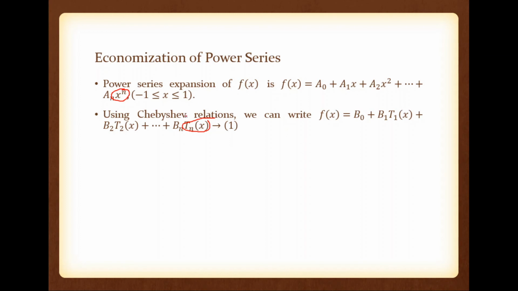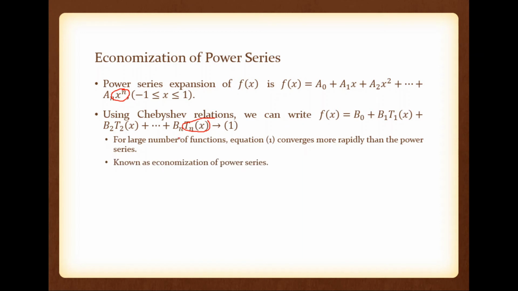So by using this conversion, first convert the power series expansion into Chebyshev polynomial, remove the largest terms if you don't want that, then convert back to the x term. So that one is application of Chebyshev polynomial. Okay. So this is known as economization of power series.